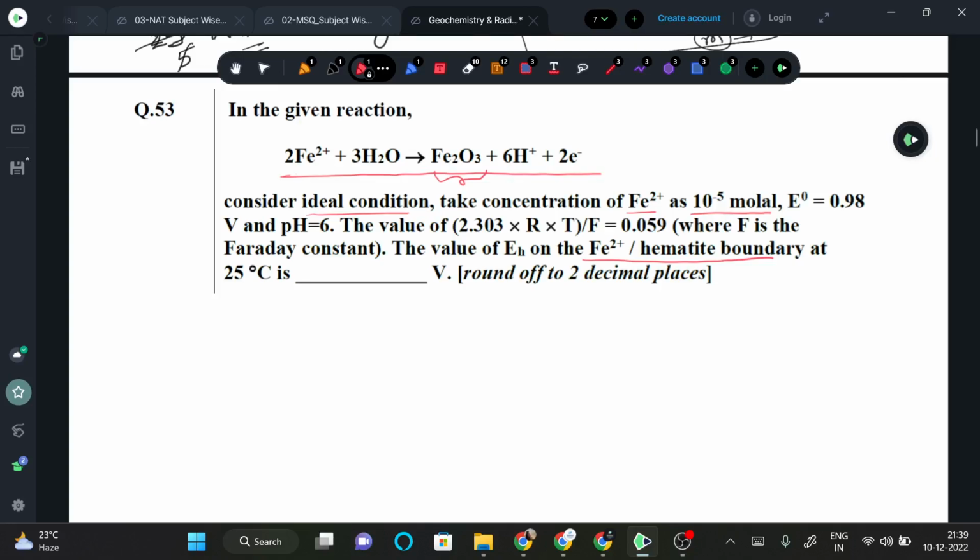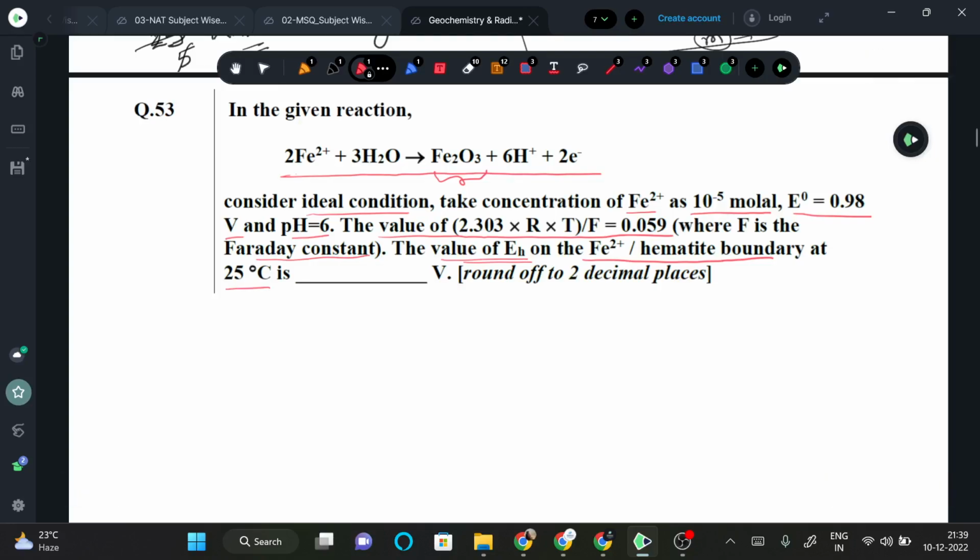So there is not much difference over there. E naught is 0.98 volts, pH is 6. Then the given value of 2.303 RT by F is 0.059, where F is the Faraday constant. Then it is asking the value of EH on the Fe2+ hematite boundary at 25 degrees centigrade.